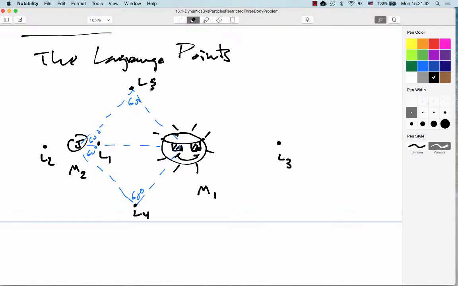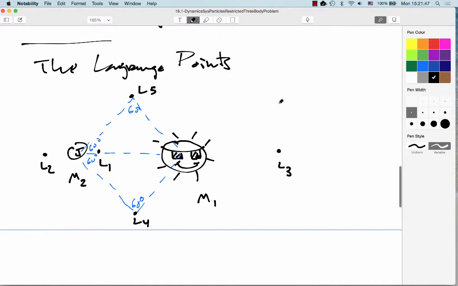The text's labels in figure 7.44 are erroneous. This is correct. Okay, so anyway, at any of these Lagrange points here, the velocity in the center mass system is 0. They're just seen as stationary.